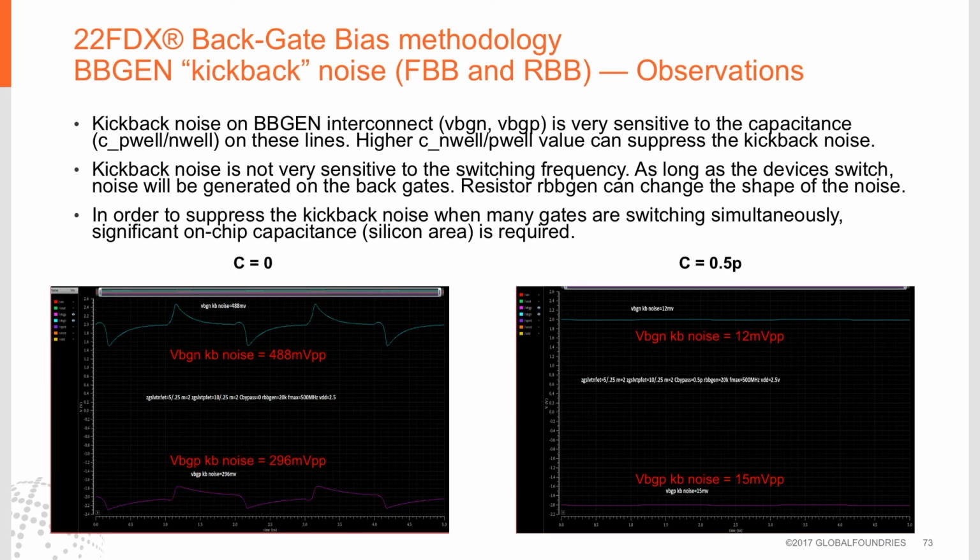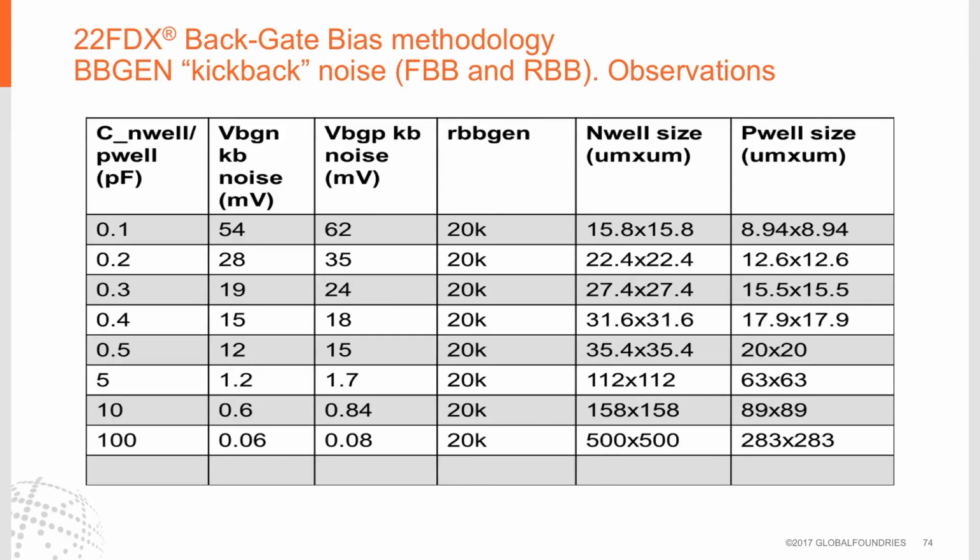So even a small amount of capacitance will render a dramatic improvement in whatever noise is injected into the backgate. This chart simply shows the backgate noise observed as a function of N-well or P-well capacitance from 0.1 to 100 pF. And depending upon the capacitance applied to the backgate bias line, it is possible to reduce the backgate biasing noise to practically nothing.